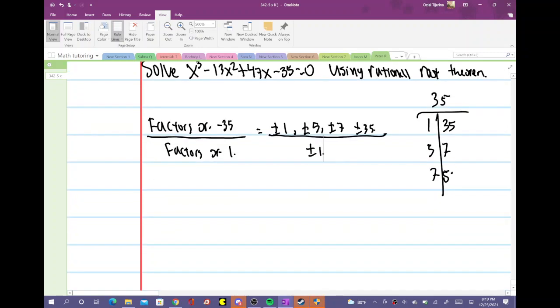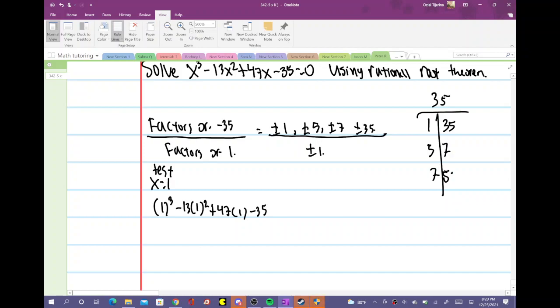So, for example, let's say I do x equals 1. We're going to test x equals 1. When you plug it in, 1 cubed, and by the way guys, I don't know if your teacher or your professor lets you use a calculator. If they do, it's great. I want to do it without a calculator, just to show you how to do it.